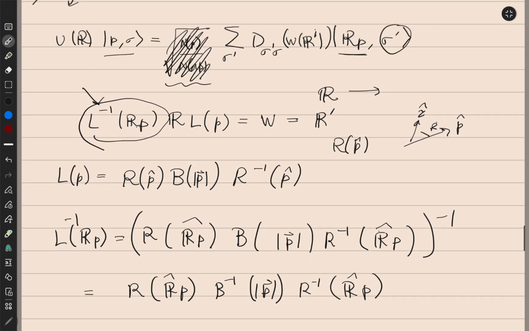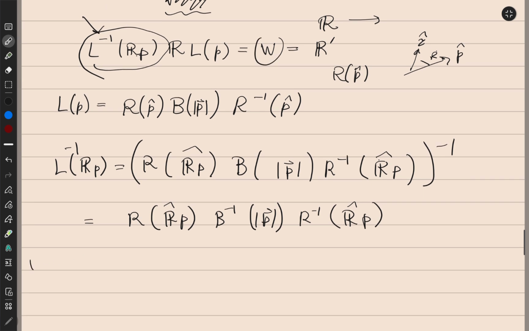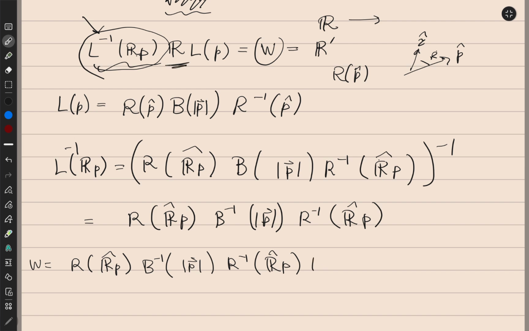And then to be able to calculate W, first I need to write this guy. So let me just write it once. Rp, B inverse, e vector, R inverse, Rp, then followed by an R, because I'm writing W, this R, which is a general rotation, and followed by Lp, and Lp is here.